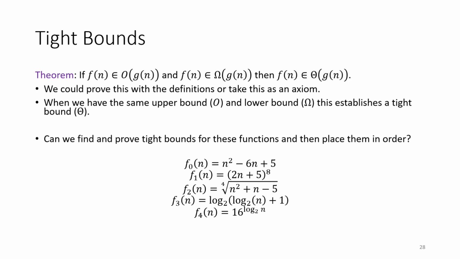We can just go look at the definitions and line them up, and it's pretty obvious that that's exactly the case. We mentioned that earlier in the last video. Or, I say, we can take this as an axiom. That is, to take it as part of the definitions. Maybe take this as the definition of big theta, if you want.